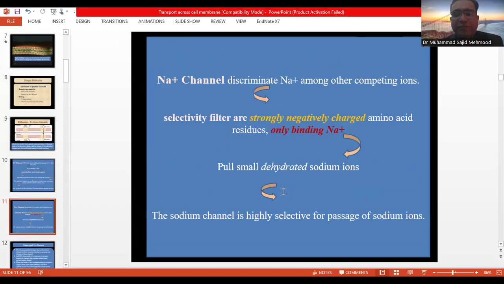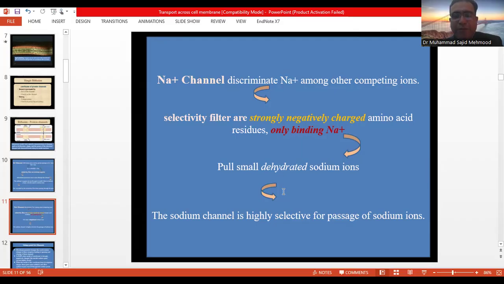Now, in case of the sodium channel, it only allows the sodium ions to pass through it because of the selectivity filter present inside the sodium channel, which has strongly negatively charged amino acid residues which only bind with the sodium ions.